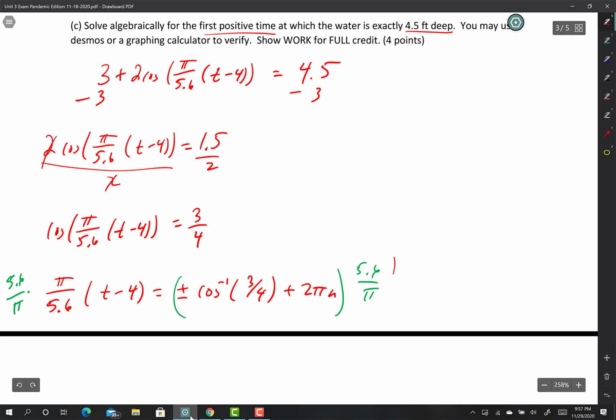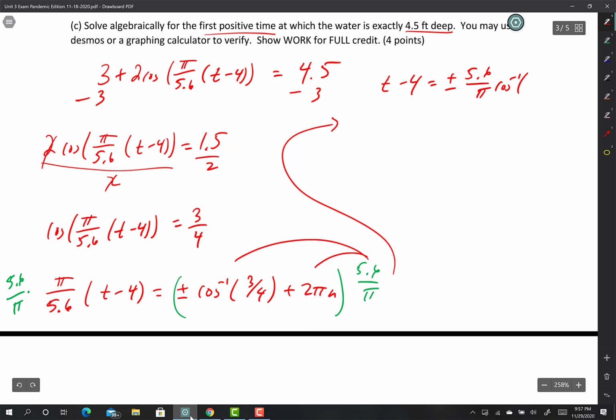And you're going to get, so let's see, t minus 4 equals plus or minus 5.6 over pi arc cosine of 3/4 plus, and then the pi's cancel out, and then 2 times 5.6, that's 11.2. And then move the 4 to the other side.